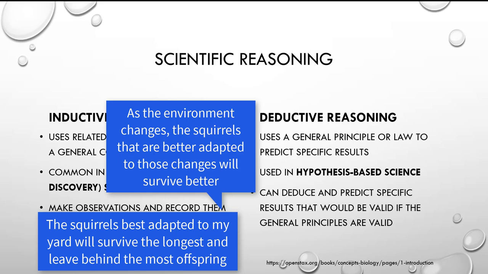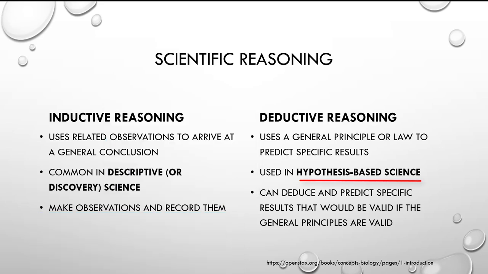It's used in hypothesis-based science. We can deduce from current results and predict specific results that would be valid if the general principles are valid. So if, based on our current situation, we have survival of the fittest taking place in my backyard, where the best adapted squirrels are surviving and reproducing, then if there's a change in the environment, I assume that the ones that are adapted best to the change will survive and reproduce, and the ones not adapted to that change will die off.